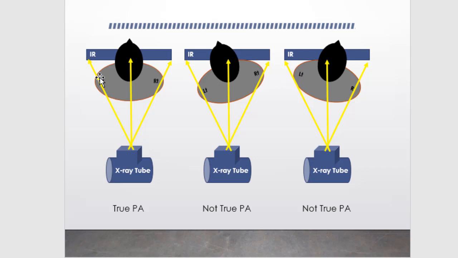We use certain guidelines to identify whether the patient is in rotation or not. If no rotation, true PA. Okay, this one is not called true PA. Why? Because the patient has some kind of rotation here, so both shoulders are not in close contact with the IR. The same goes for this third image here. Okay, not true PA also.